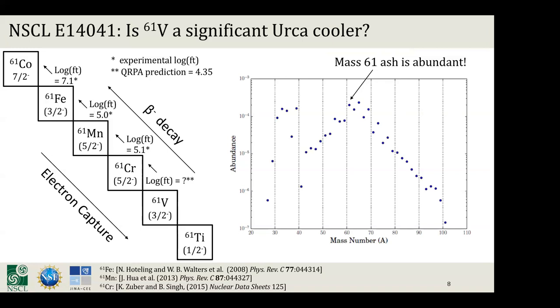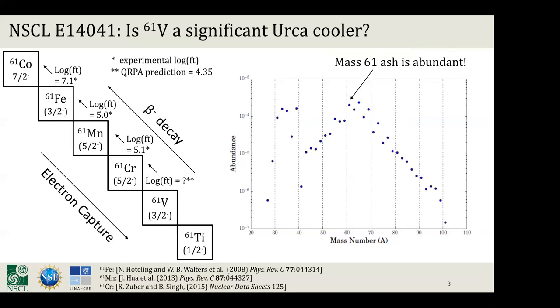The ground state to ground state beta decay strengths have been measured for chromium, manganese, iron and cobalt. This is the last transition that hasn't been experimentally measured, and that was essentially the goal of the experiment that we did at the NSCL.